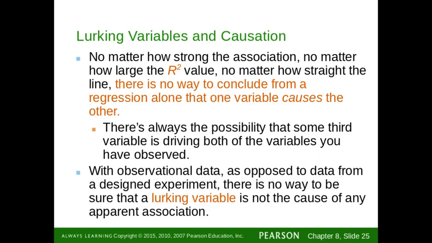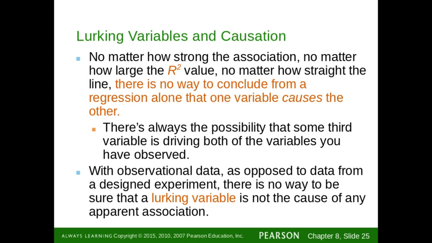No matter how strong the association, no matter how large the R-squared value, no matter how straight the line, there is no way to conclude from a regression alone that one variable causes the other. Okay. And even if we make a prediction, it doesn't guarantee it. Even if you have 100% regression, in other words, your R-squared value is 1 and your correlation would be a positive 1, that means every point is on the line of regression.